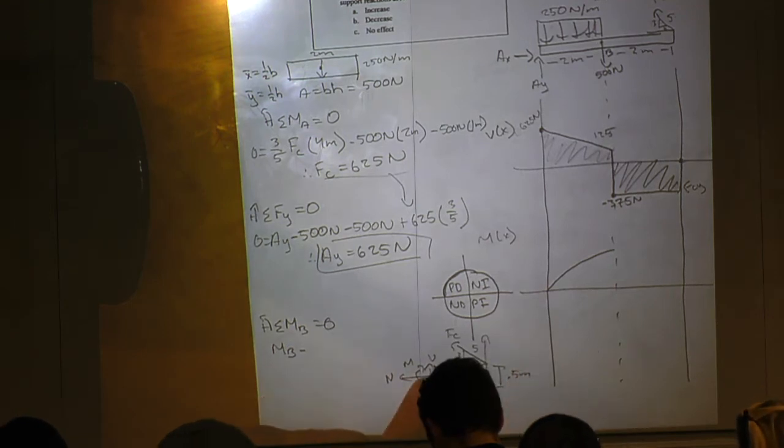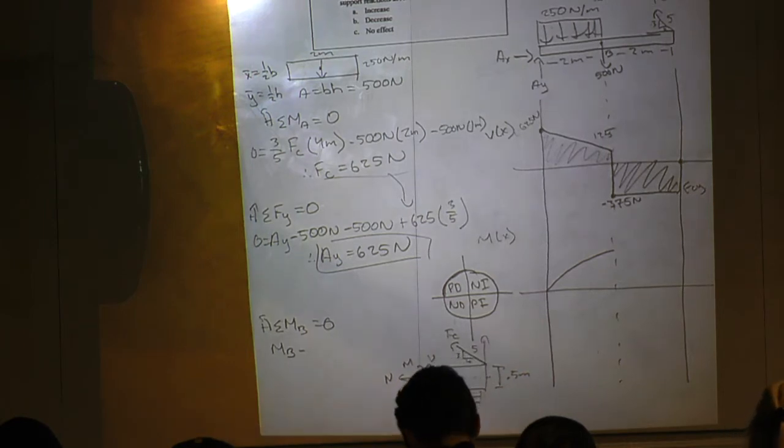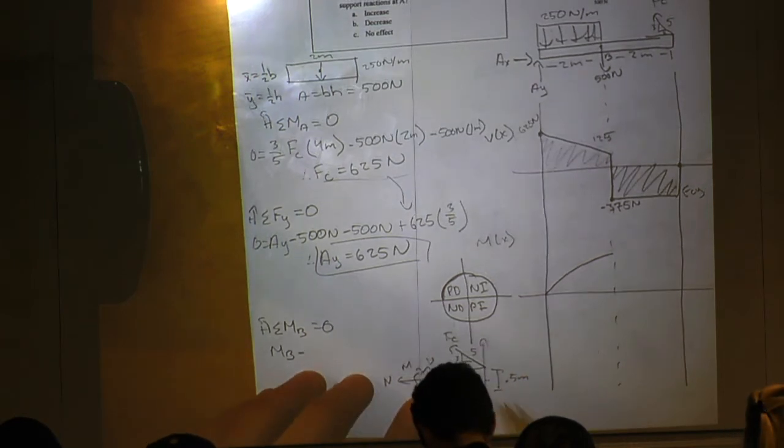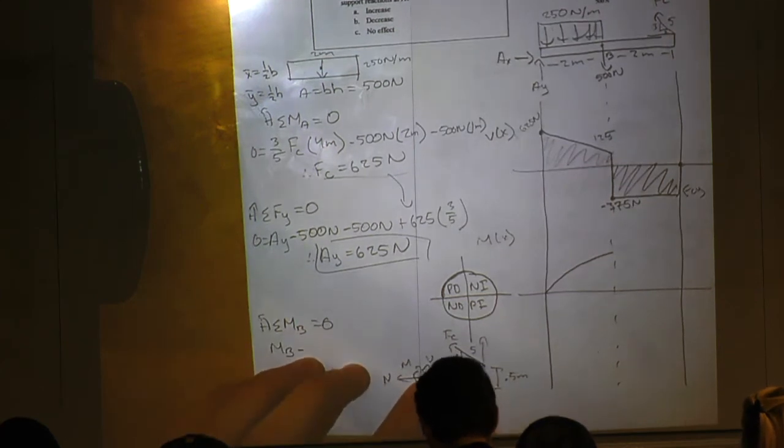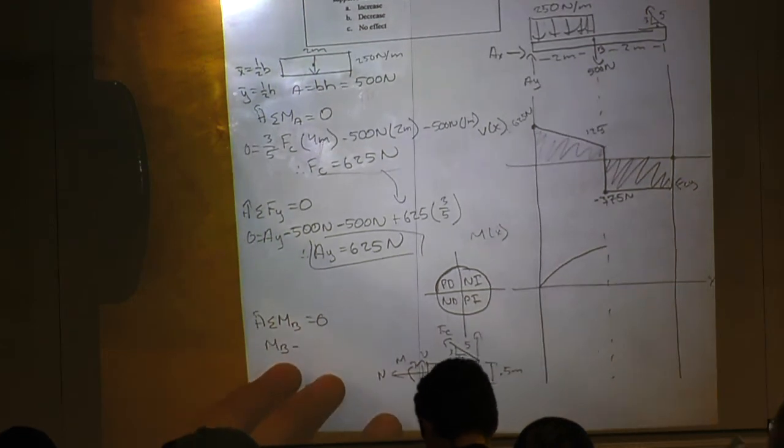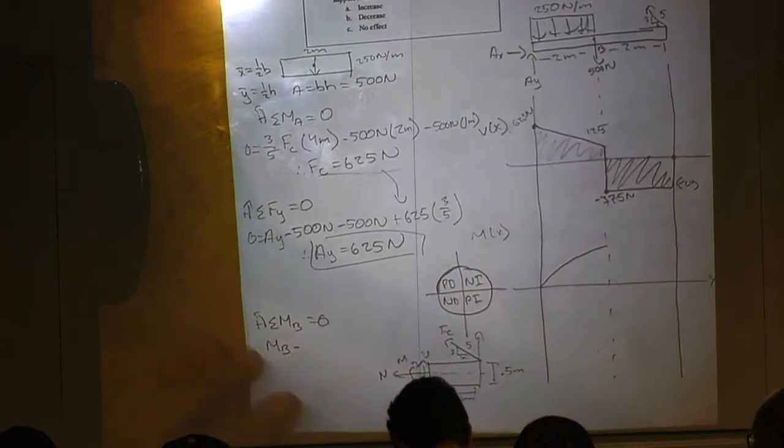If you're taking from the exact center, you're going to have some moment created by the x component. But for this course, we consider these bars to be infinitely thin unless otherwise stated. So that's why the x component doesn't create a moment. If that doesn't make sense, you can ask me a question about it later.